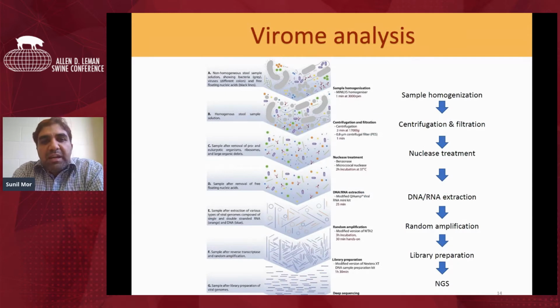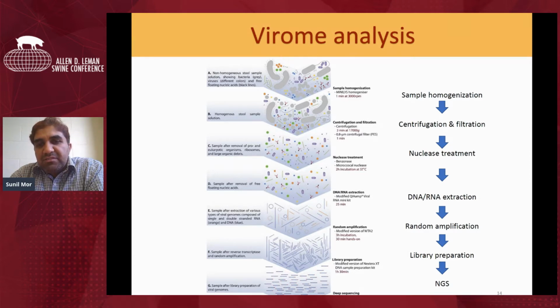The same applies to virome analysis. As we know, the sample has everything, including viruses, and viruses are known to be present in lower abundance or concentration compared to the host genome or the bacteria. So we have to do enrichment for the viruses to get better results.